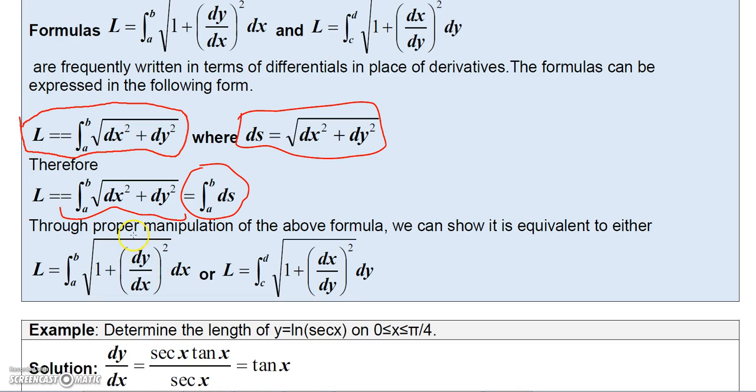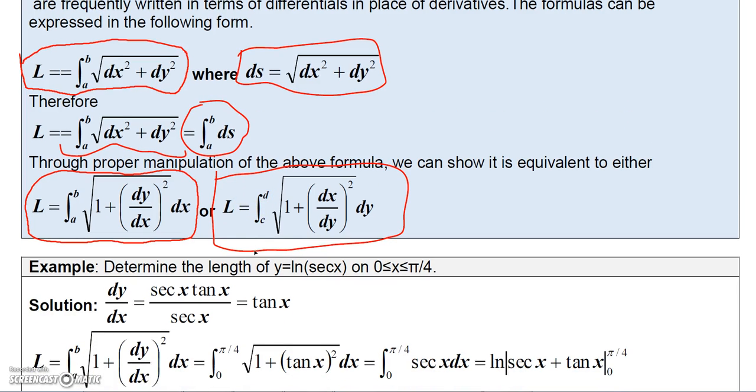Through proper manipulation of this formula, we can show it's the same as either one of these formulas. So either one of these formulas will work. Of course, the formula on the left assumes that you're integrating from x equals a to x equals b, and the formula on the right assumes you're integrating from y equals c to y equals d.